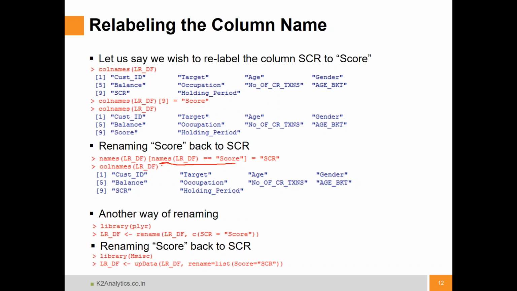If you just type this part of the syntax, you can use colnames also here. names and colnames are the same. Both of them return the column names. So let's just type this part of the syntax and see what it returns. It will return a vector of true and false. Only one value will be true, where there is a matching column name.